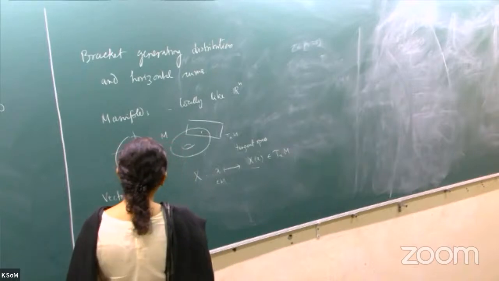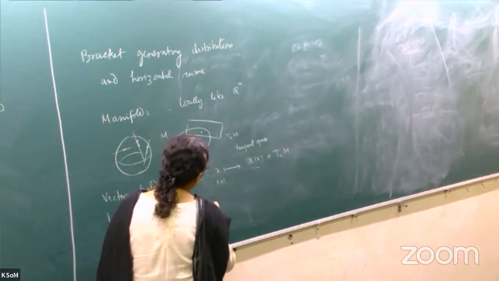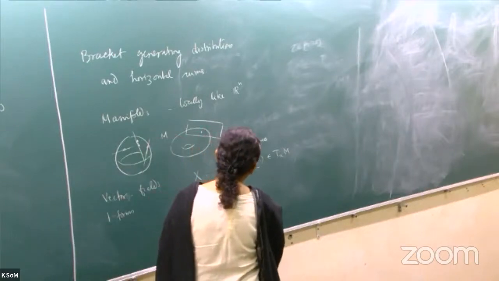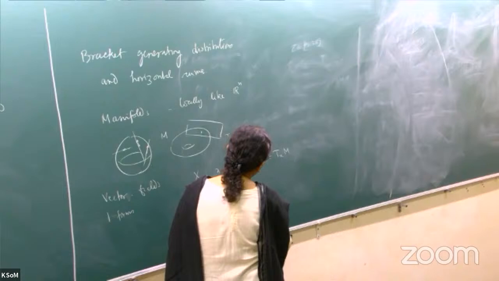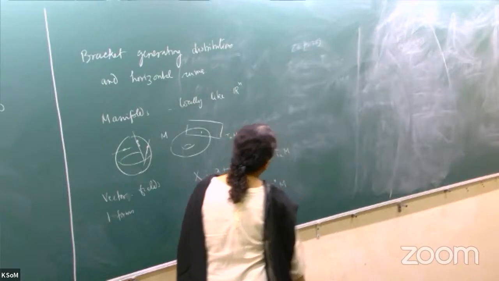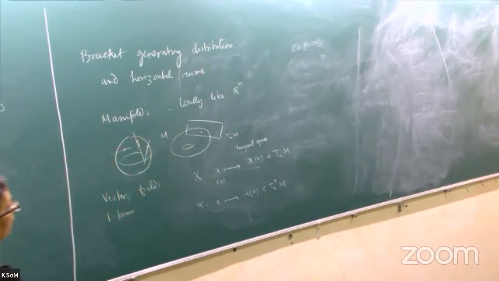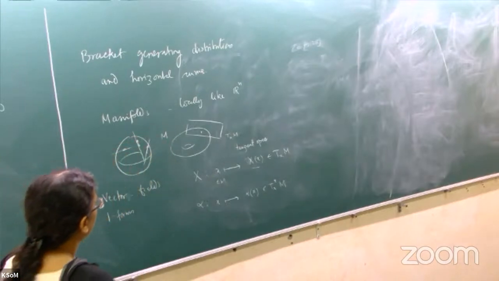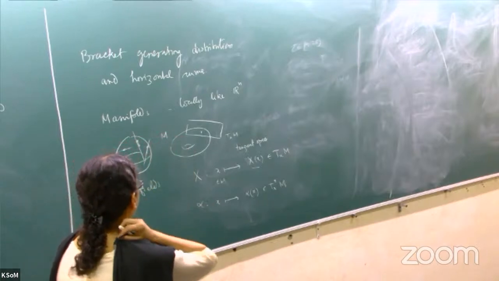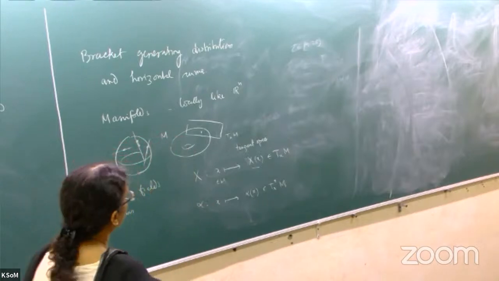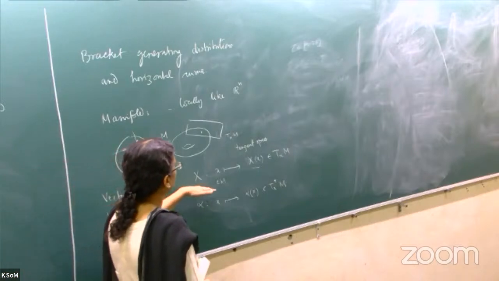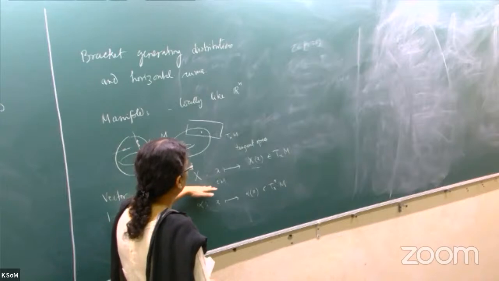On the other hand, when I look at one forms, I will denote one by alpha. It takes any point x to alpha_x, which is an element of the dual of this tangent space. So these will be our objects by means of which we will study the spaces. Vector fields, I think you are familiar with.